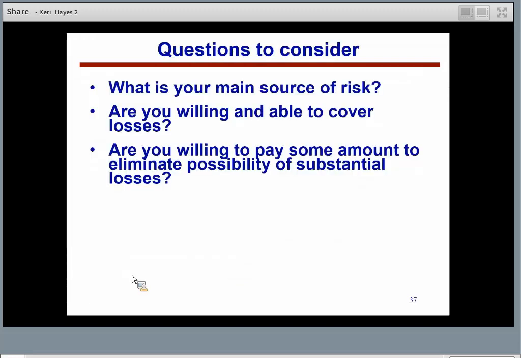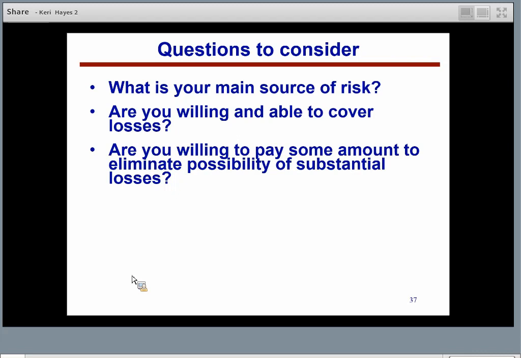So, things to consider in each of these. Again, we've talked about where risk comes from in grain operations. We're mainly talking about controlling price risk, and we can do that in a few different ways, and production risk. We'll talk about crop insurance. Production risk is a great thing to cover through crop insurance.